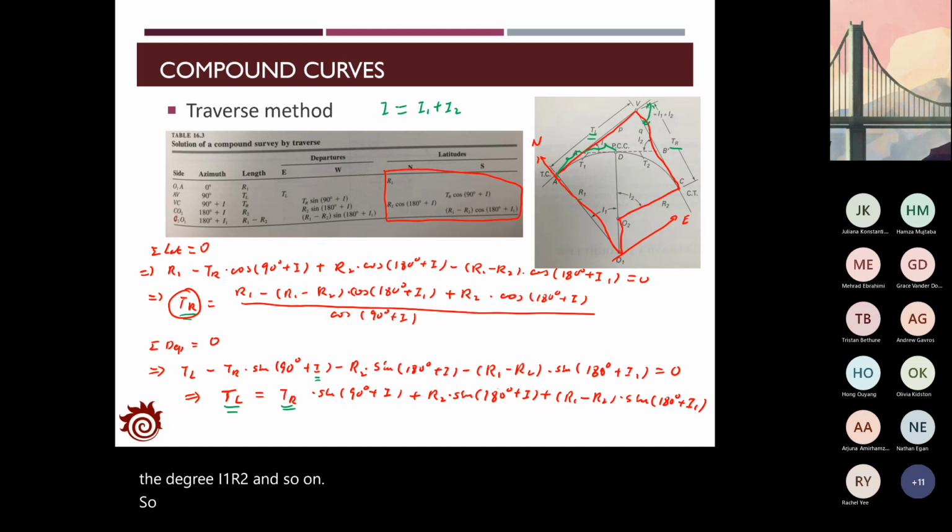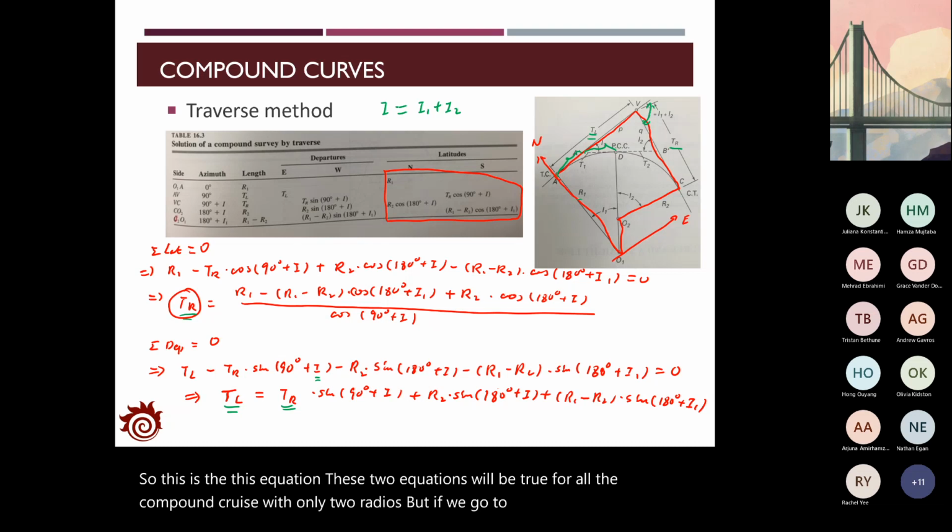These 2 equations will be true for all the compound curves with only 2 radii. But if it goes to 3 or more, it's more complicated. You need to rederive these formulas.